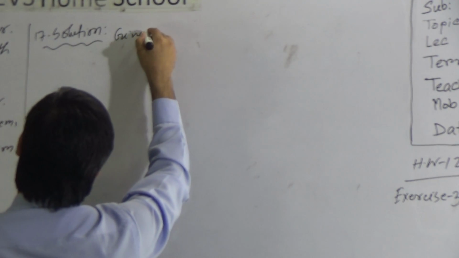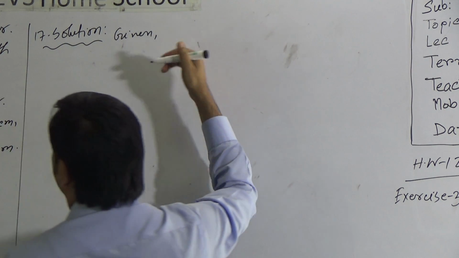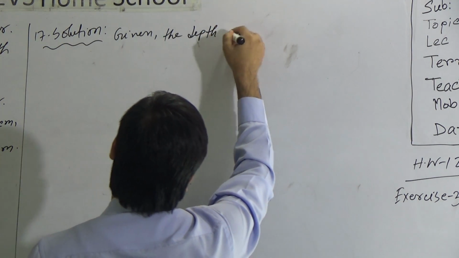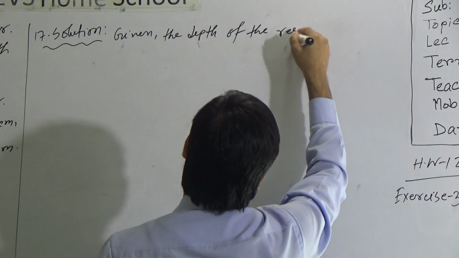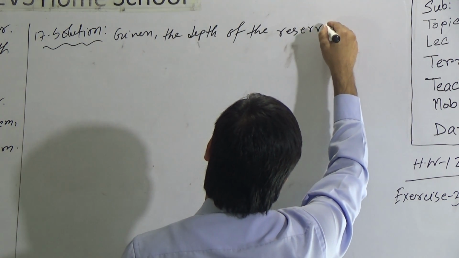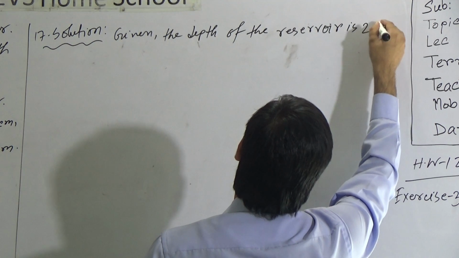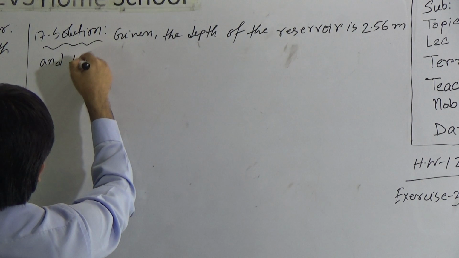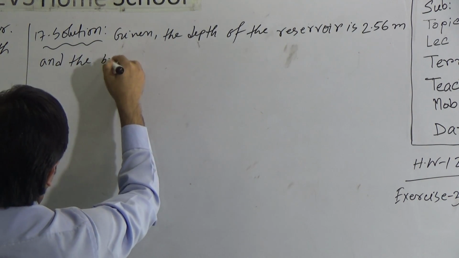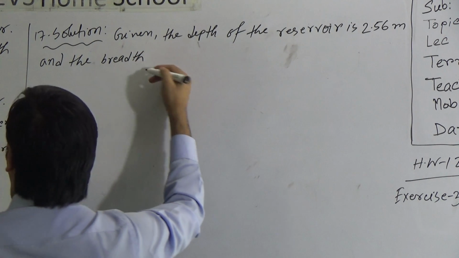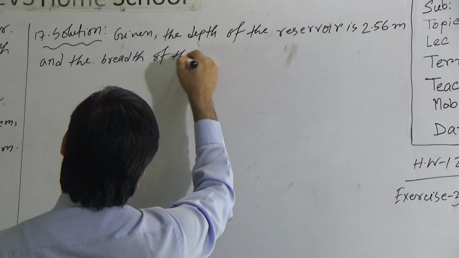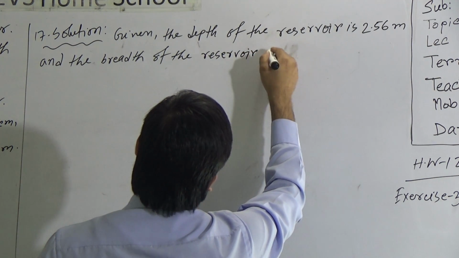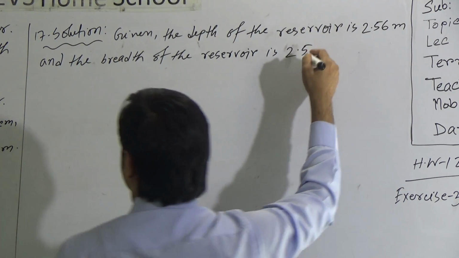Given, the depth of the reservoir is 2.56 meter, and the breadth of the reservoir is 2.5 meter.